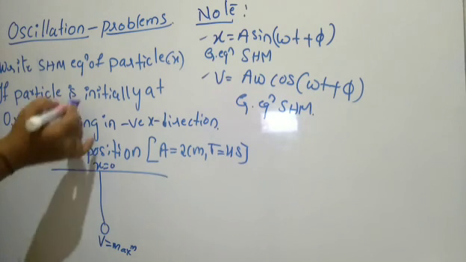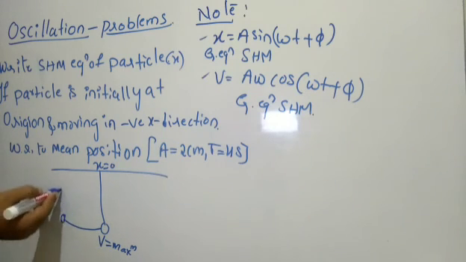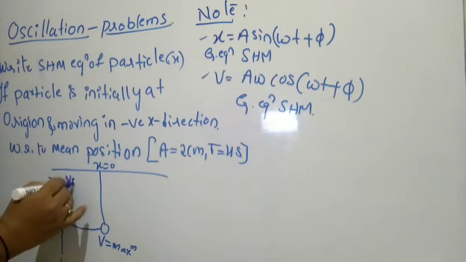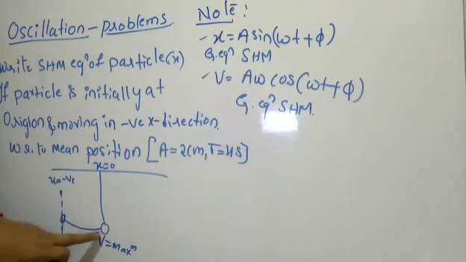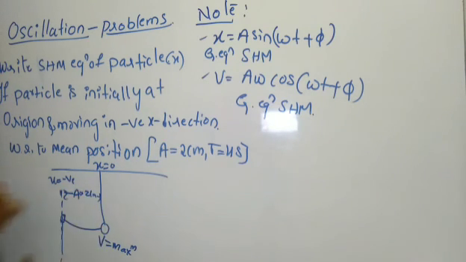It is moving from the origin in the negative direction, toward the negative extreme position with respect to the mean position, where amplitude is a equal to 2 centimeter and time period is 4 seconds. It is not exactly at the extreme position, but is moving towards the negative direction.